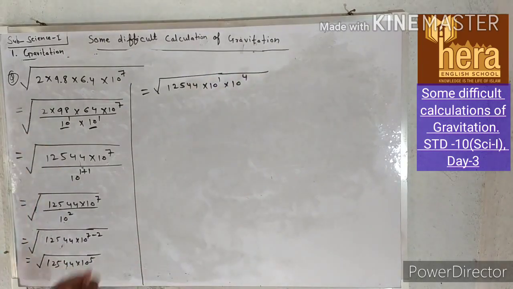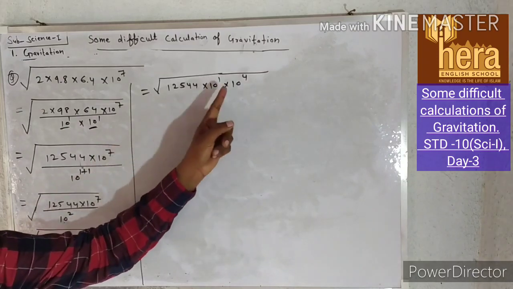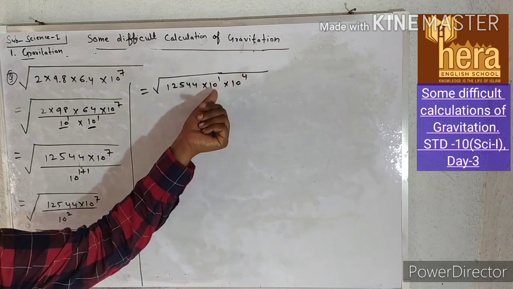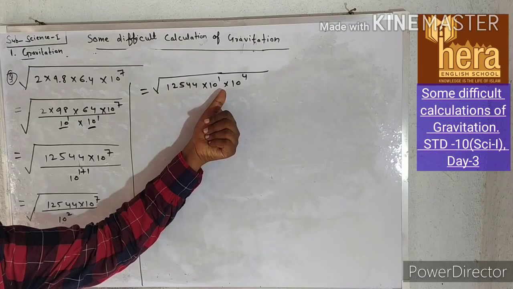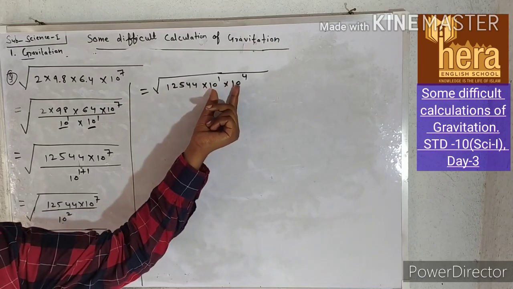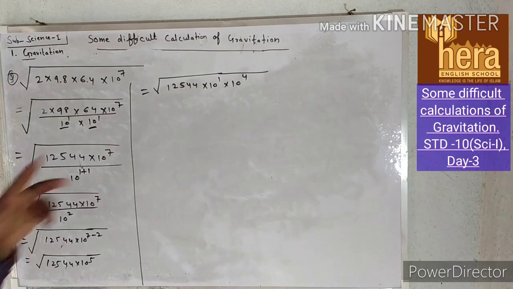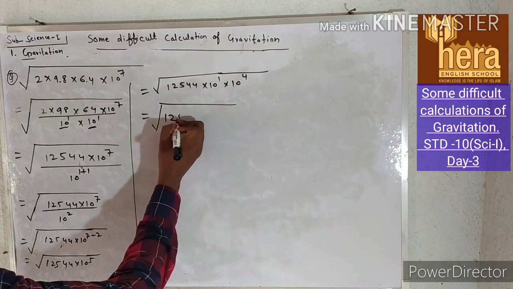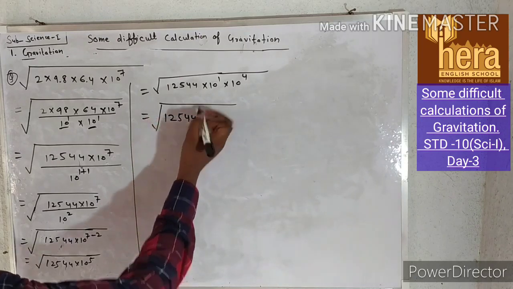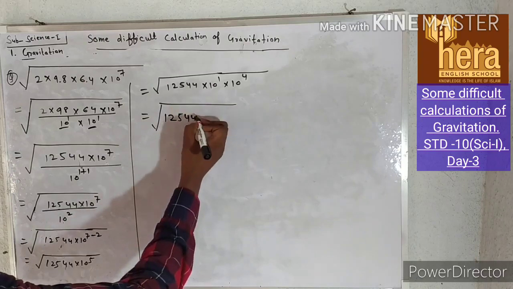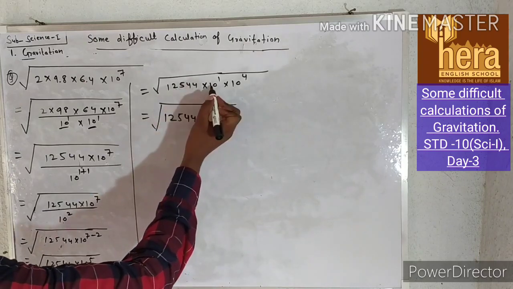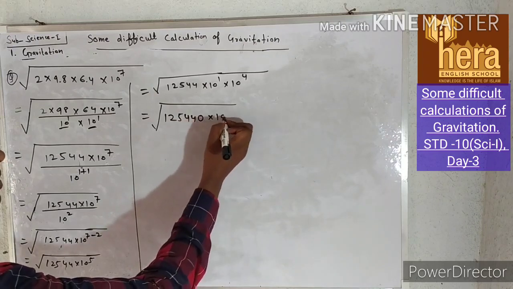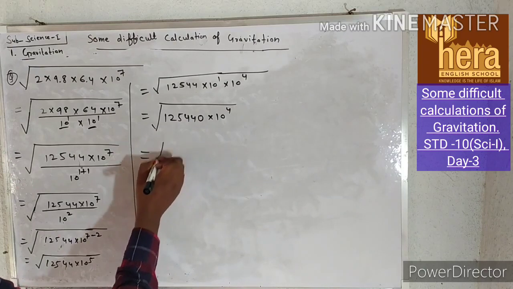Here the base is 10, both are in multiplication, so if you solve this you will get 10 raised to 5. So now this will be equal to 12544, 10 raised to 1 means 10. If you multiply this by 10, you will get 0 here. So now this will be equal to 125440 into 10 raised to 4.